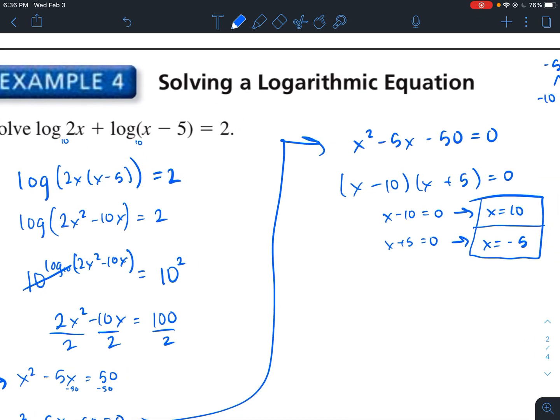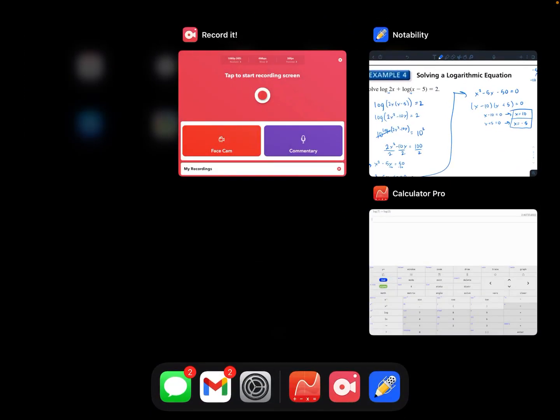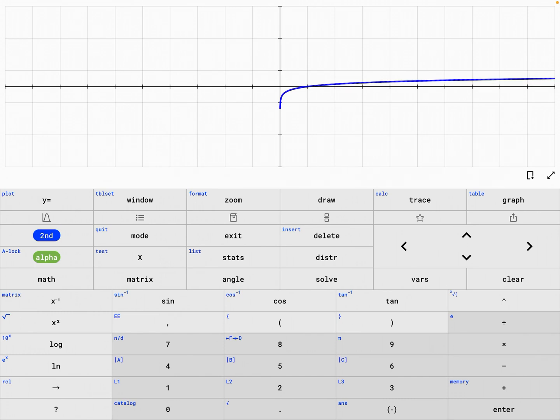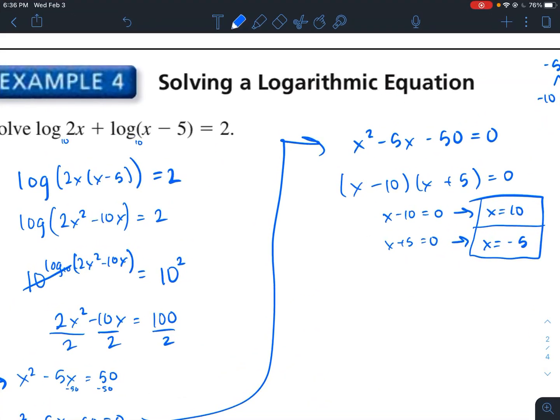So let's think to ourselves though, if we take the log of x and graph that, remember that we have a vertical asymptote at the y-axis, meaning that notice that this function, this blue function, only exists over x values greater than 0. This function does not exist for any values that are less than 0. So that means x values, or anything in the log, has to be greater than 0.